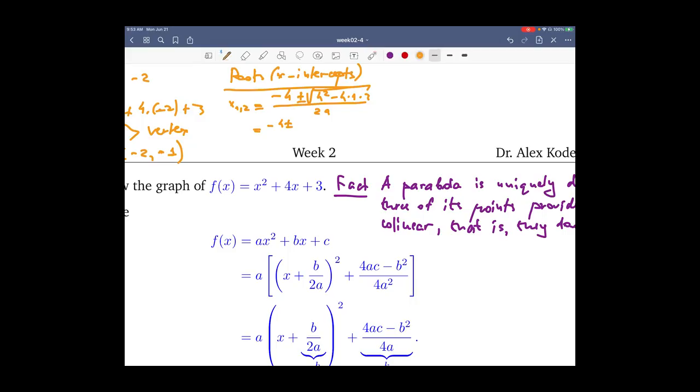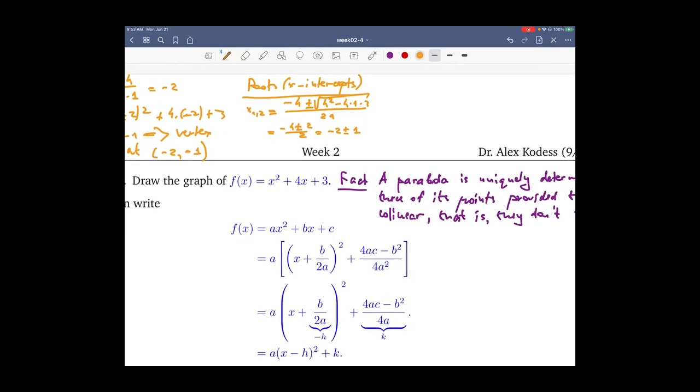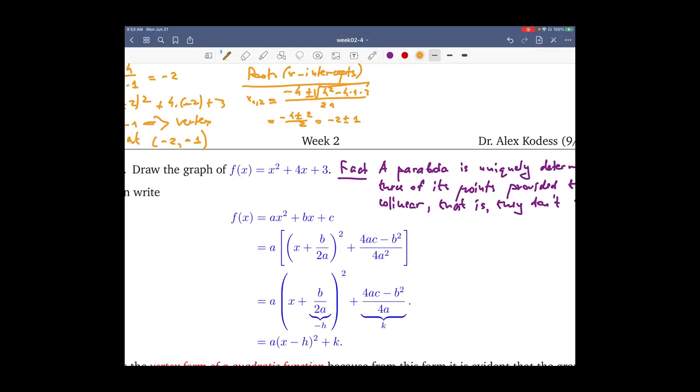And the root of 4 is 2. So the roots are therefore either negative 3 or negative 1.